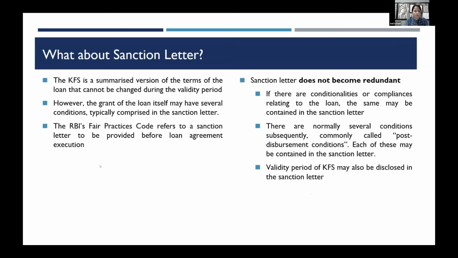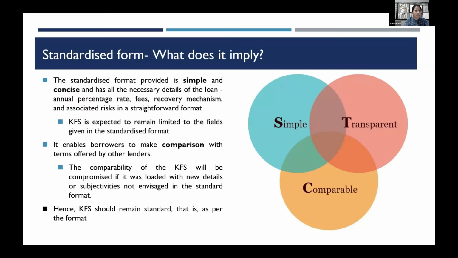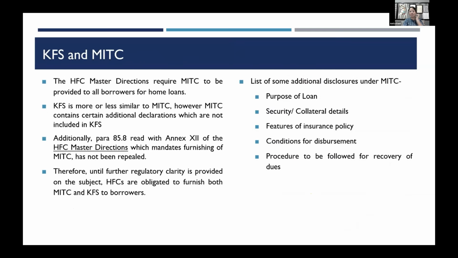Just one thing before we go to the APR computation is KFS and MITC. In case of housing loans specifically, there is a requirement to disclose MITC as well. So this also, till there is any further clarity by the regulator, because we were trying to compare the requirements that are there under MITC and the KFS.